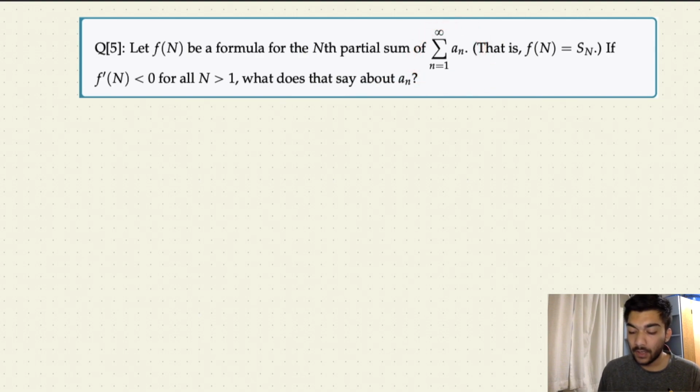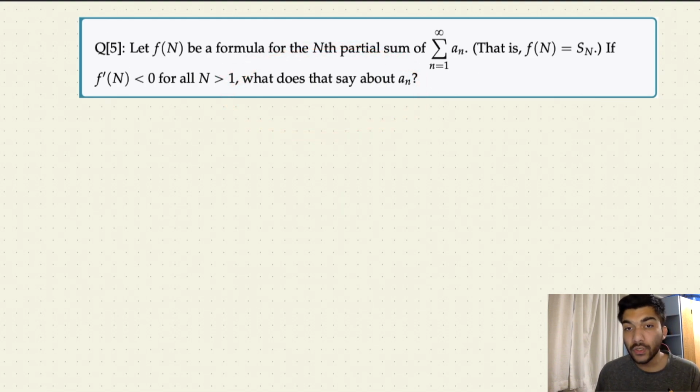And you know that the first derivative of f of n is less than 0. So your derivative is negative for all capital N greater than 1. Based on all this given information, what can you say about a of n in this case?